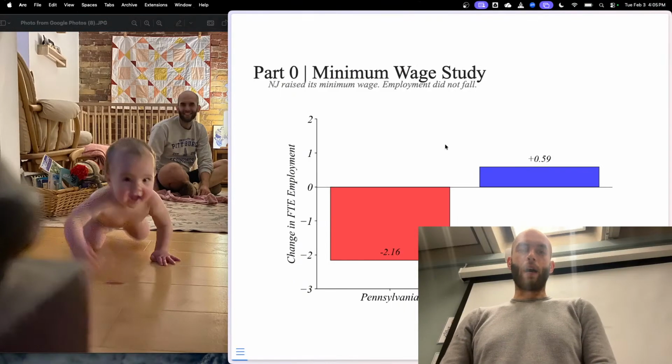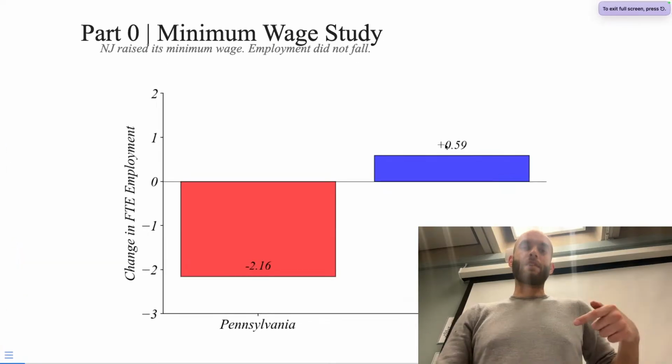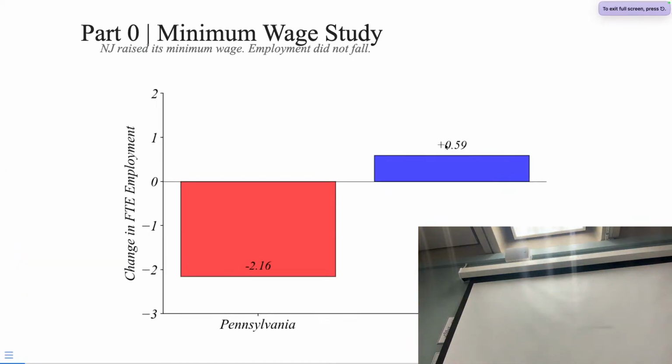Okay, so where we left off last class, I reminded you of our minimum wage study. It's sort of the motivating example we used at the beginning of the semester, and I think one of the best motivating examples we can use for the kinds of things we do.